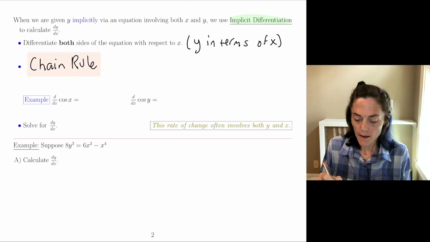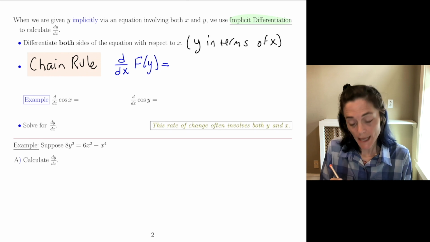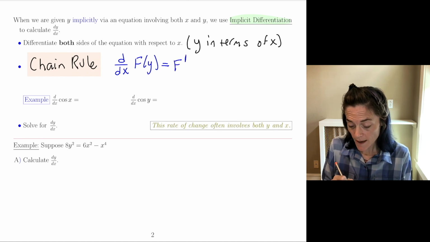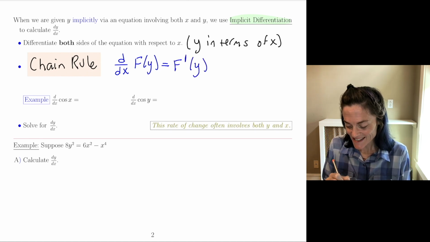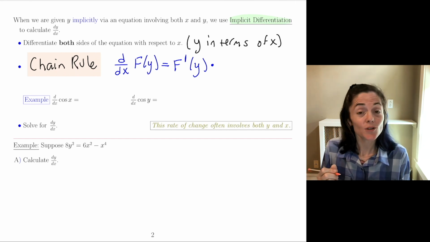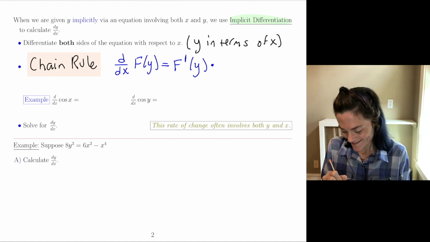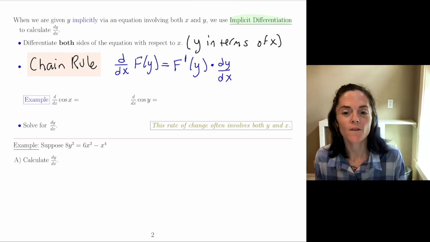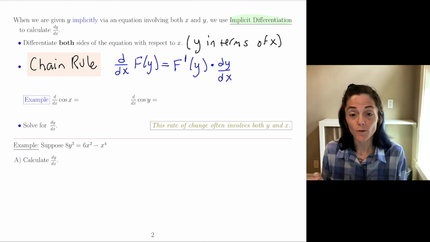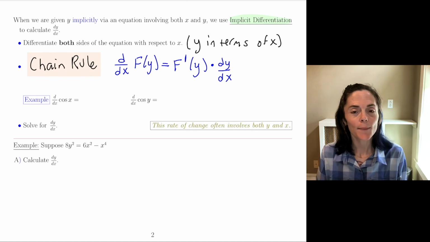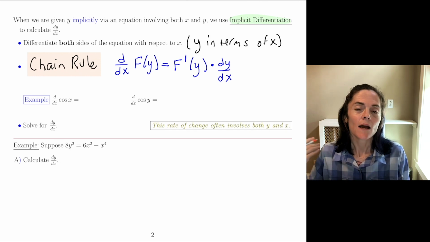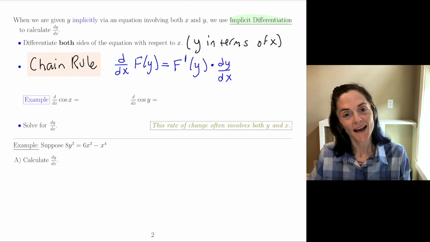What does that say? Chain rule says you take the derivative of the outside, evaluate it at the inside, times, well, the derivative of y with respect to x, derivative of the inside function. So this is what we need to remember throughout here. Now, as an example with a concrete function, what's the derivative of cosine of x?